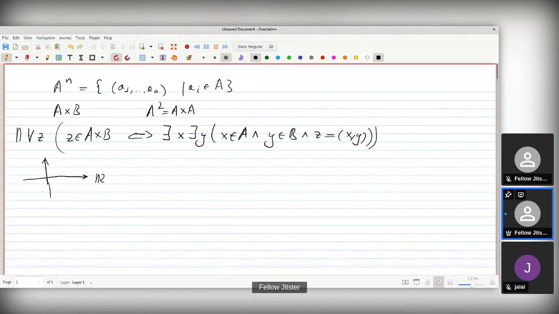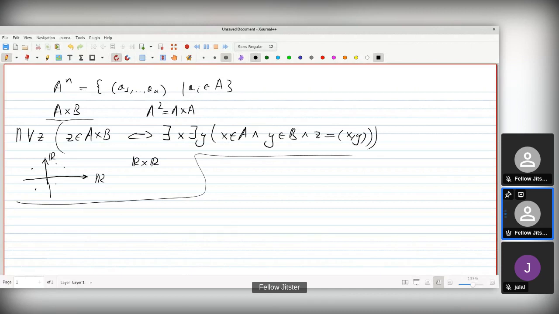In the case of coordinates in the plane, we have the product of R and R, the pairs of real numbers. We have different such pairs which are routinely identified with plane points. But now we are interested in subsets of such products.